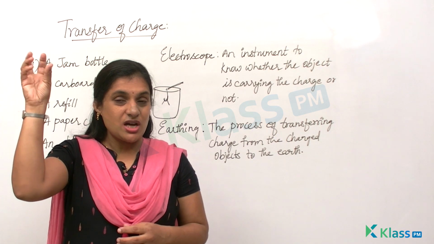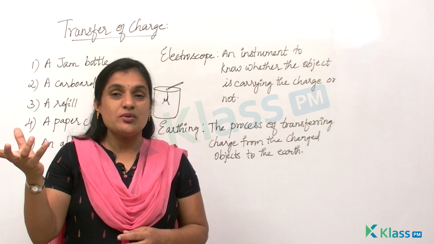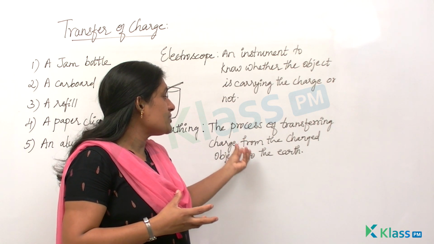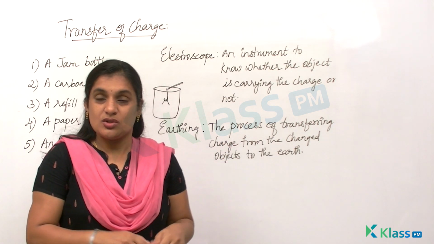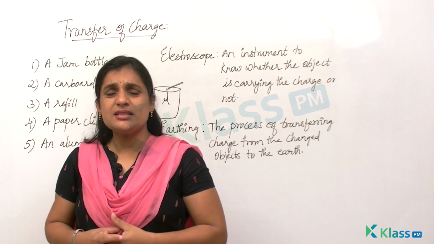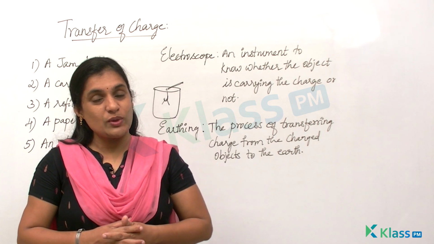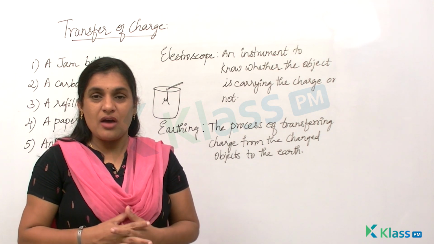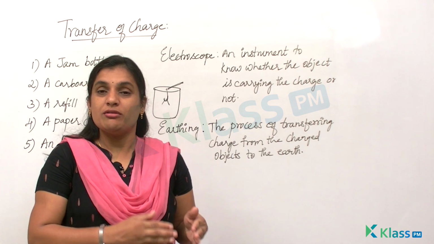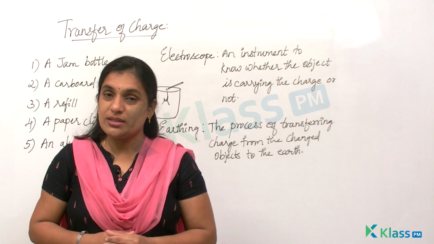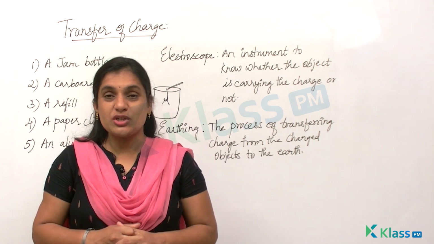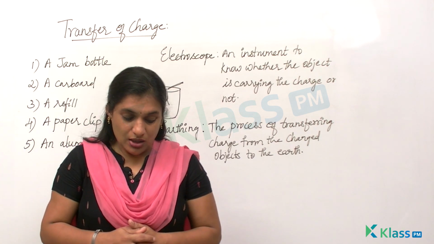The charge from the charged body, the lightning, is transferred to the earth. The earth takes in the charge, and that is the reason your electronic devices remain safe. But usually we have a habit of switching off electronic devices during thunder or lightning. So this is how transfer of charge can be done from one object to the other object.